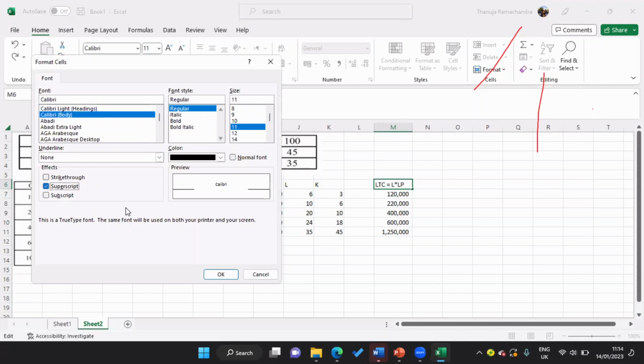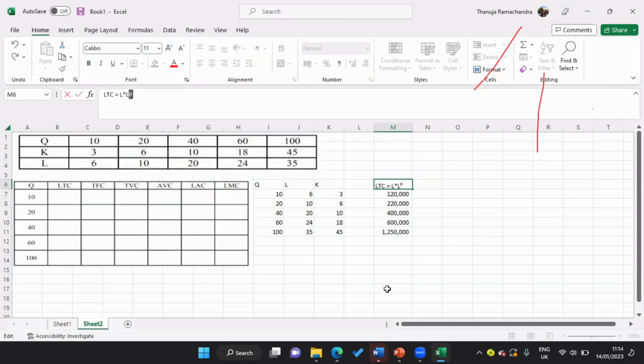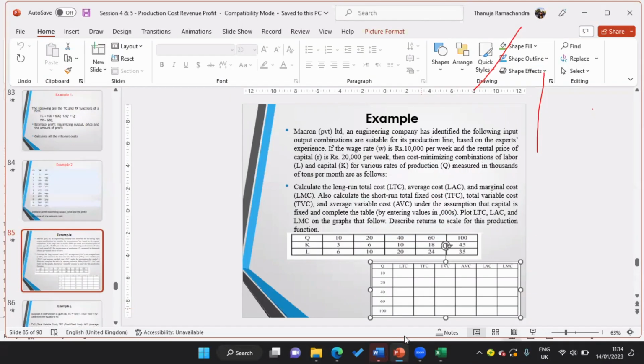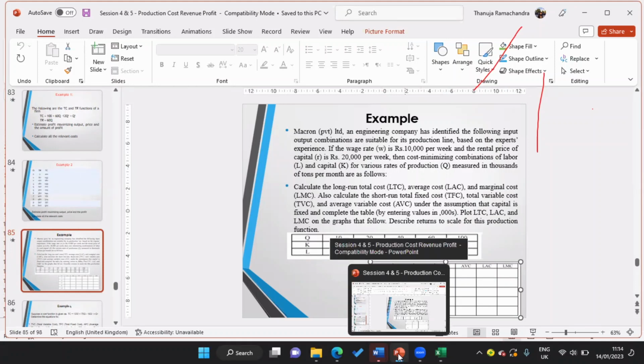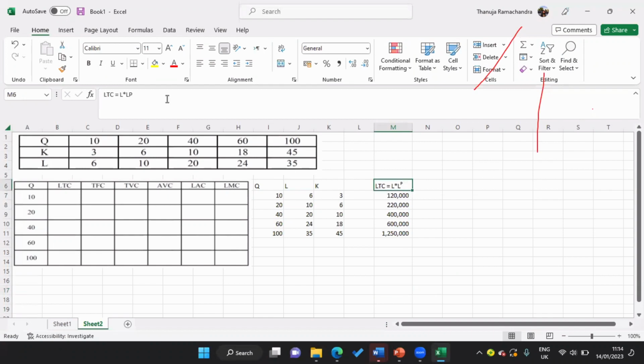It's given, I guess, there is a notation given: W and R. So rental is R, no? Yes, rental is R, W is the wage. L into W plus K into R.